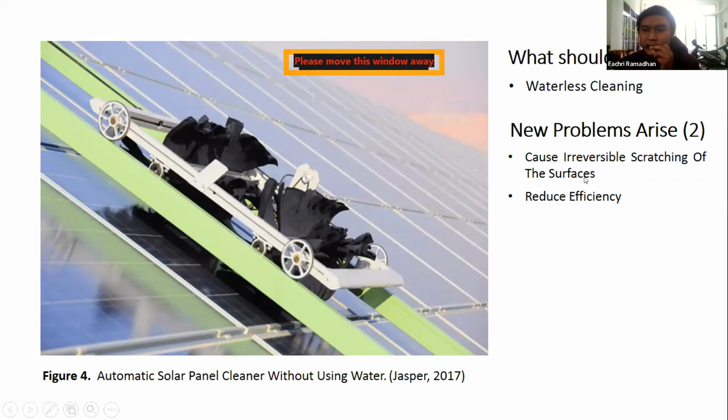Cleaning effort is waterless, requires a lot of effort and tends to cause irreversible scratches, which also reduce efficiency. Figure 4, sample automatic solar panel cleaner without using water, but that still has a problem.